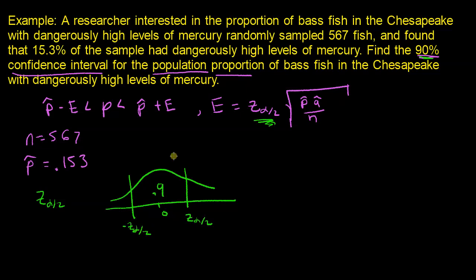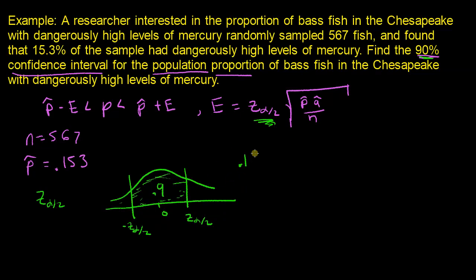All right, so when we go to our table, we need to find what's the total area behind z alpha divided by 2. So I need to find what's the area in this tail over here. In both tails, I'll have 0.1, right? Because 1 minus 0.9 is 0.1. So I basically have 10% left over in the tails, and I've split that 10% in half.